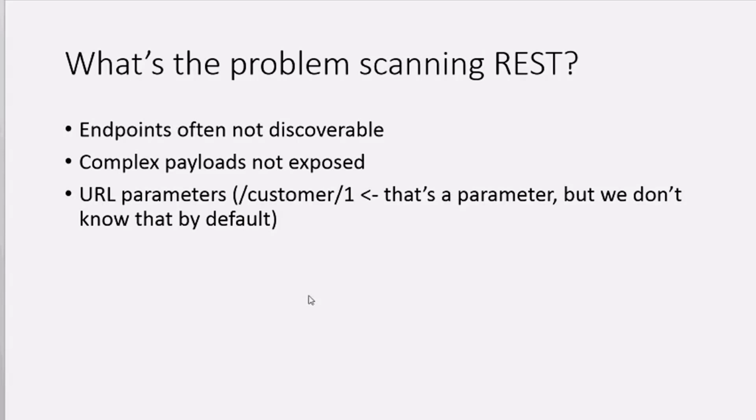The other problem is, even if we know all the endpoints, like we have the WADL definition, that's fine. That tells us that there's a post endpoint to a /pet endpoint. But so what, right? I mean, we need to know what the payload is, because if you just try to send an arbitrary request body to that endpoint, most likely the application is going to reject that request.